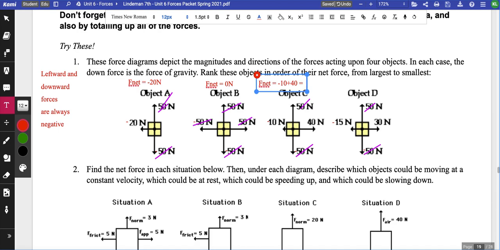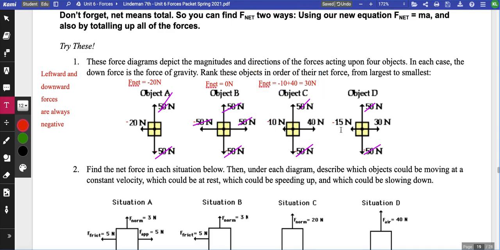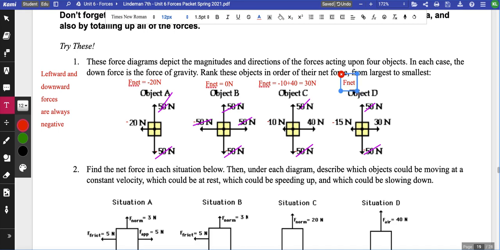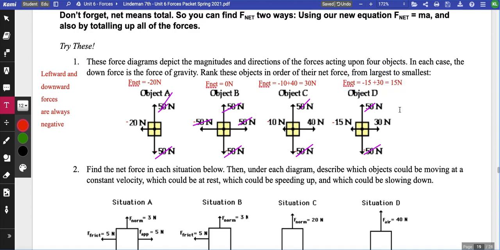So we're just going to get 30 newtons for my net force for object C. And then for object D, force net is equal to negative 15 newtons plus 30 newtons. So we end up with a 15 Newton net force.